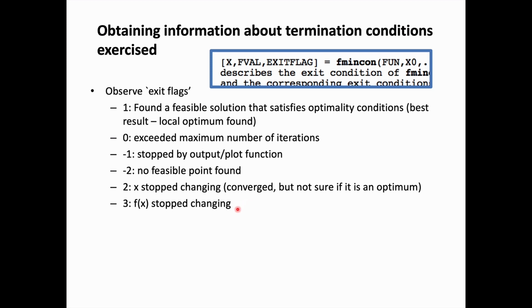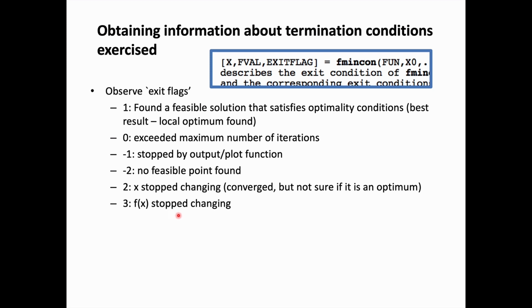It might be the case that either x or f of x stopped changing. Maybe we really are converging on a minimum, but we did not satisfy optimality conditions. We did not get close enough to the gradient being equal to 0 before x or f of x essentially stopped changing.